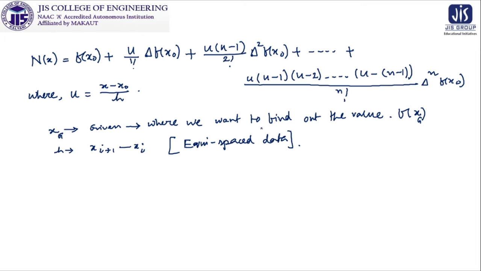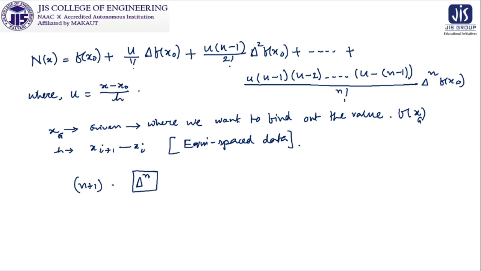Now for symmetry, all of us are able to identify that it is 1 factorial, 2 factorial, proceeding in this way up to n factorial. If in the second term it is u, in the third term it is u into u minus 1, then in the final term it will be u into u minus 1 into u minus 2 up to u minus n minus 1. And the beauty is that if you have n plus 1 data points, then your forward difference will go up to del n.